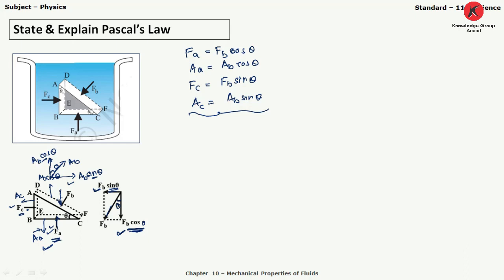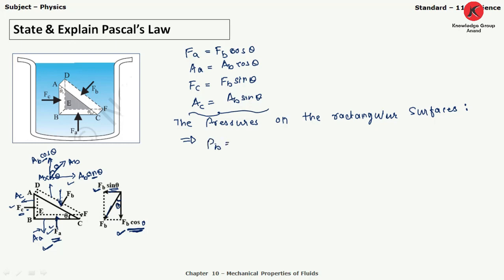Now let's write the equation for pressure. The pressures on the rectangular surfaces: first of all we will write the equation for PB.